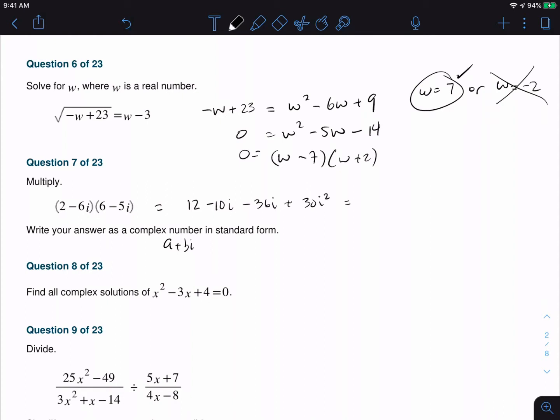Well, that's going to give us 12 minus 46i, and then that's going to be a minus 30 because i squared is negative 1. So then my answer here ends up being a negative 18 minus 46i.